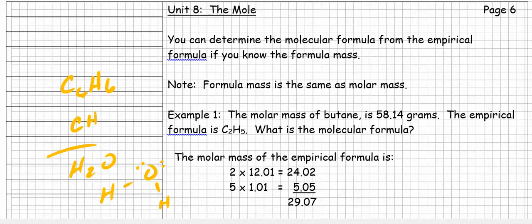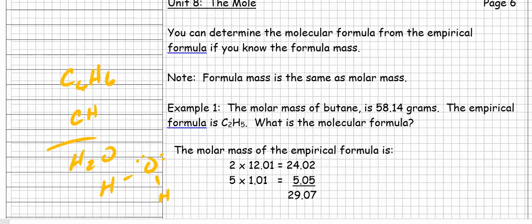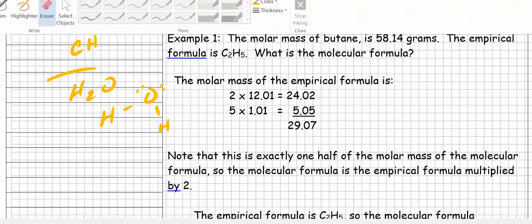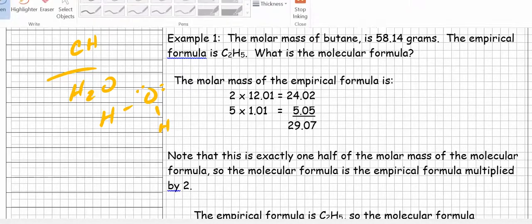Let's go over a couple of examples that we've already looked at, but I just want to make sure that we've got this. In this first one, we looked at the molar mass of butane, and we said that it was 58.14 grams. So that's the actual molecule, right? Butane, by the way, is a molecule that has this Lewis structure.